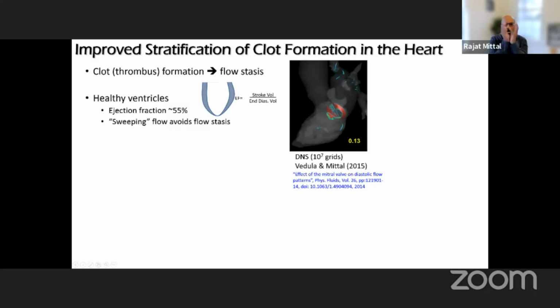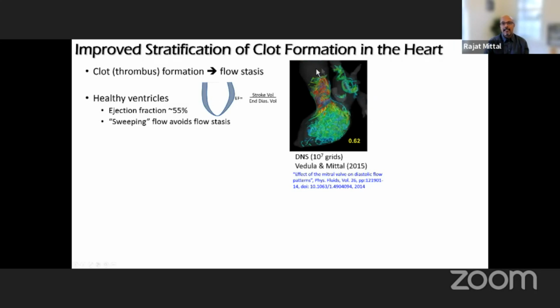The heart expands and contracts, and the degree of expansion and contraction is measured by the ejection fraction, EF. A typical healthy heart has an ejection fraction of about 55%. What that means is that 55% of the blood volume of the left ventricle is ejected in every cardiac cycle.